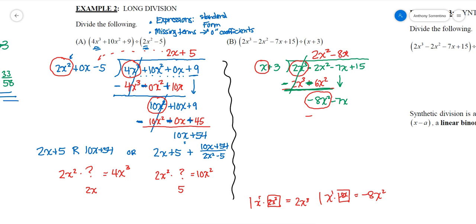And so I'm going to have a negative 8x squared minus 24x. Again, I'm going to carry through the subtraction. Since I'm going to be subtracting, this becomes a plus because it's going to have a sign change, minus a negative, and same thing with this. These cancel. Negative 7x plus 24x becomes 17x. And I bring down the 15.